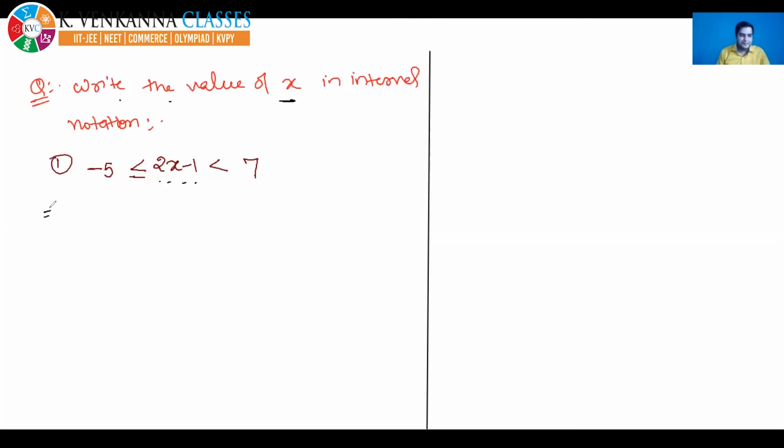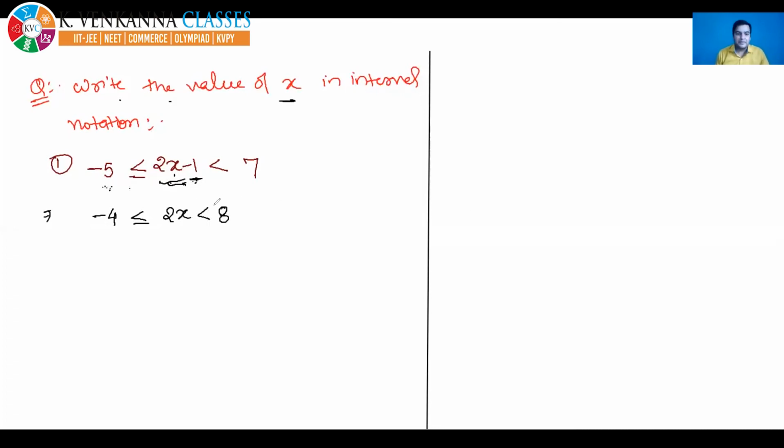See here, I want to get the value of x only. So slowly, I have to remove all other things from here. First of all, I have to remove this one. To remove it, I have to add one on all three sides. If we add one to all three sides, it will become minus 4 less than or equal to 2x, and here you will get 8.